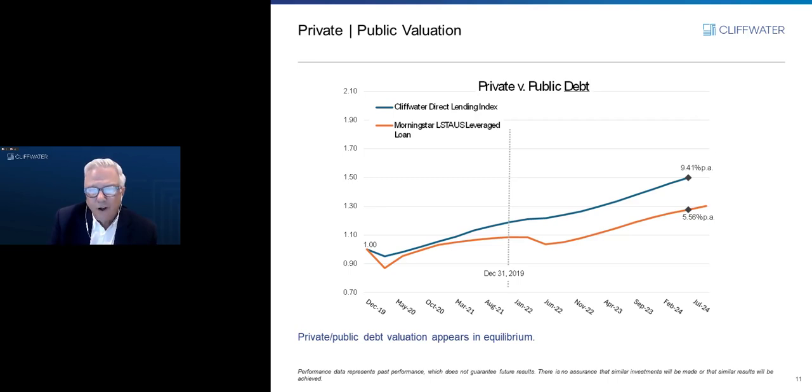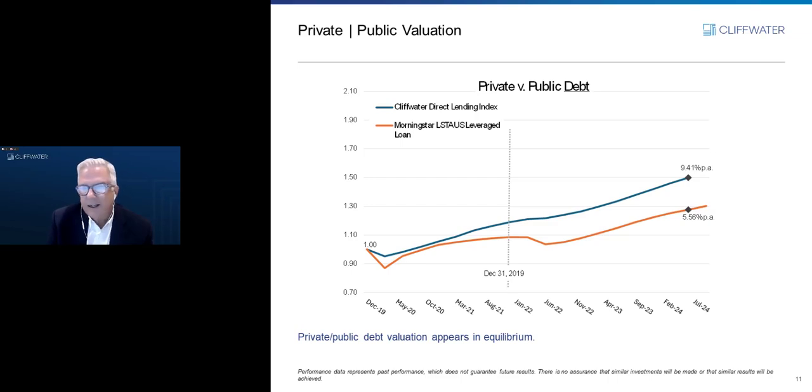Also, if you note in 2021, the drop in valuation in the LSTA, the direct lending index was flat. Actually, I think it was just a little bit negative. But again, this is a very short-term impact, and then there's convergence.